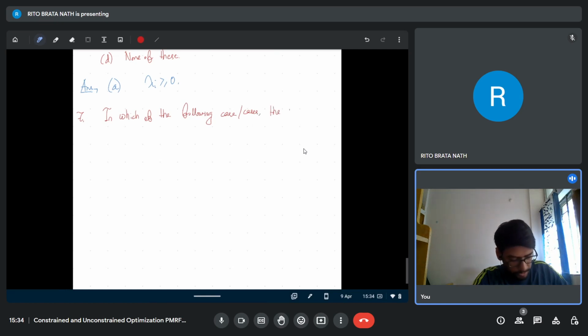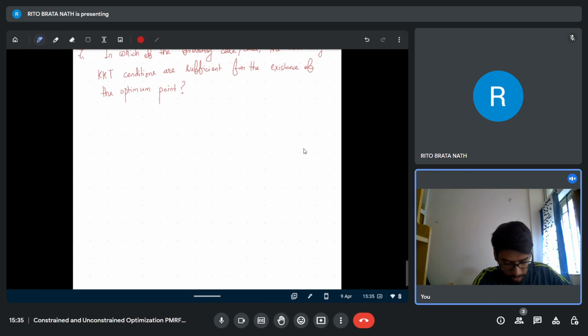The necessary KKT conditions are sufficient for the existence of the optimum point. Okay, so in this one, let me write down the options.